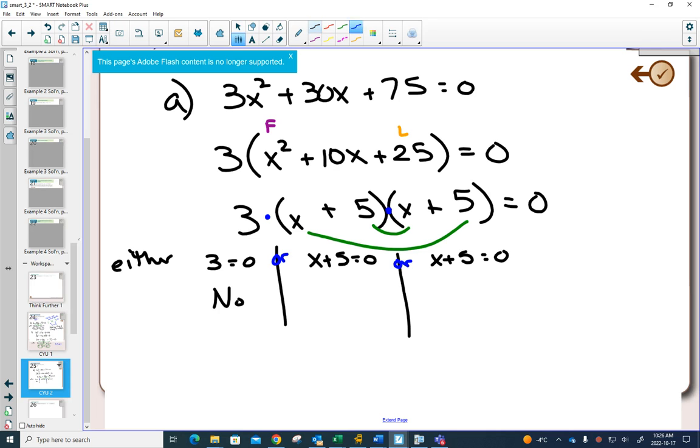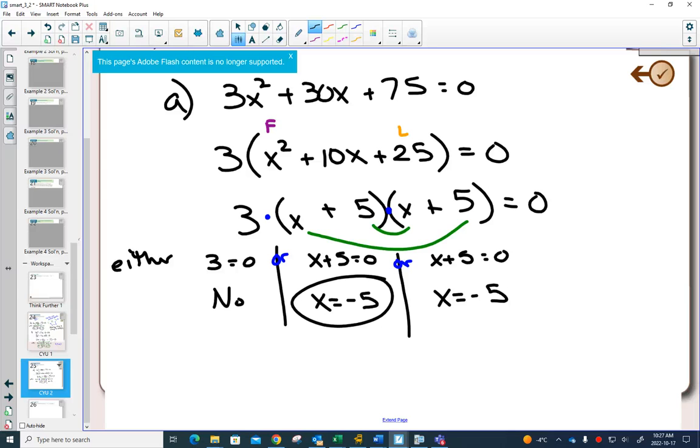Can you see that the solution for this one would be x equals -5? And a little bit redundant, x equals -5 again. Technically, this one has only one solution, but that solution happens twice.